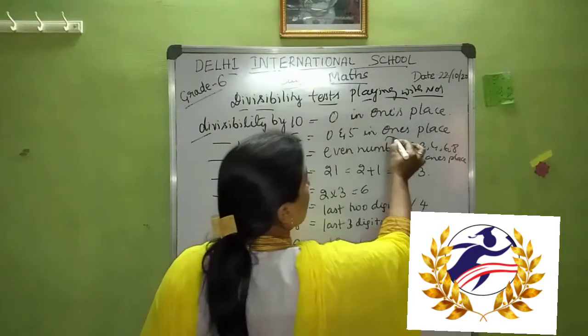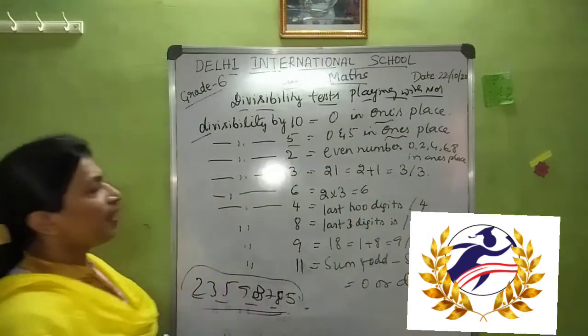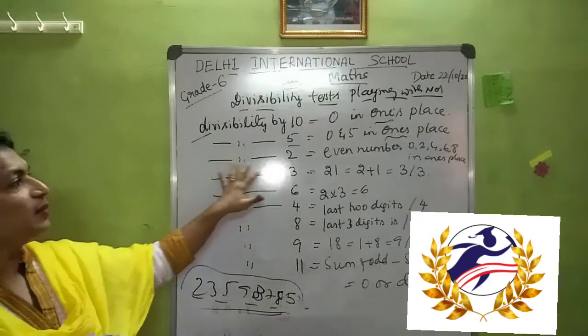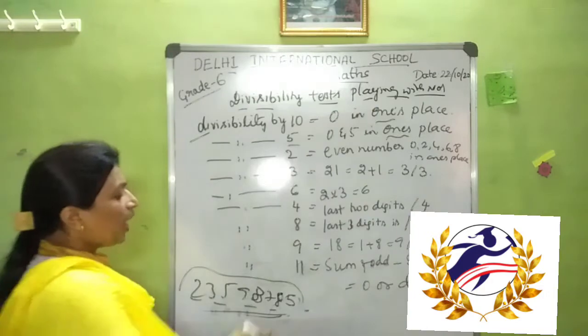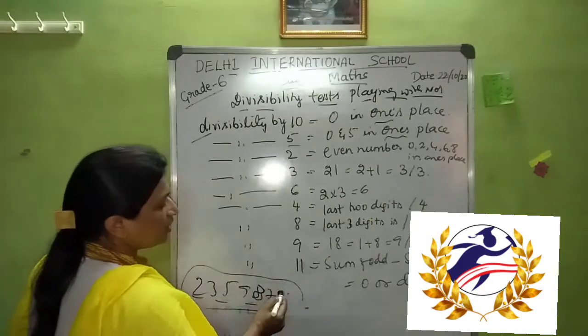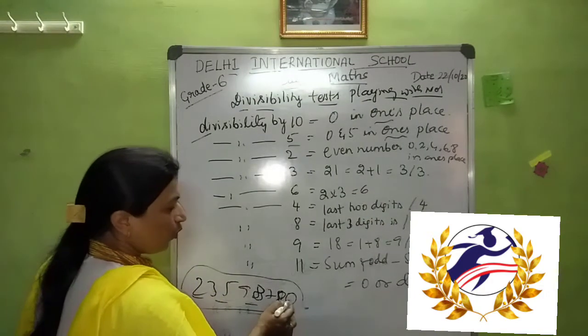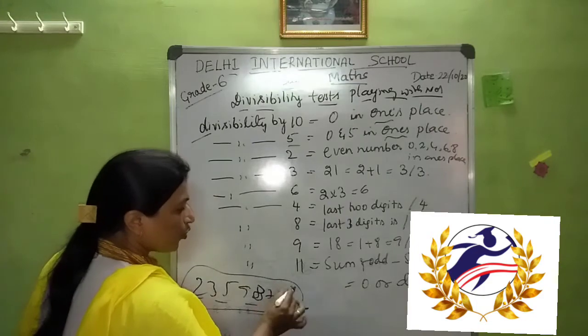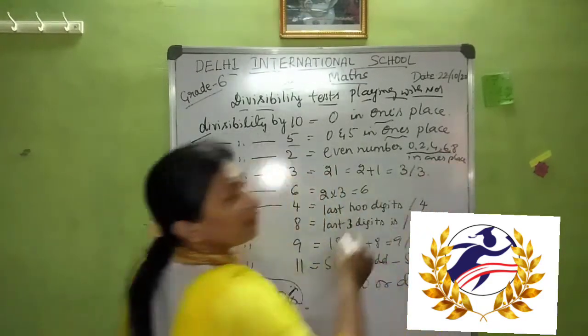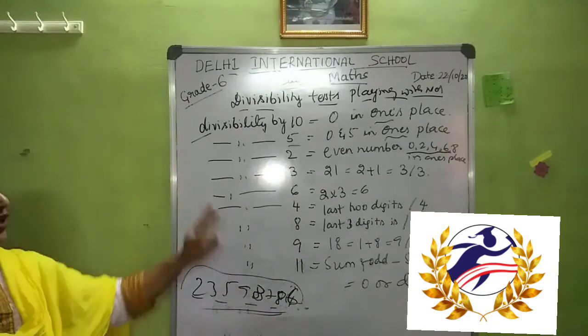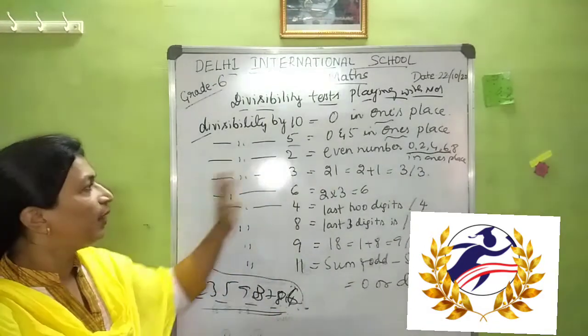So you should check the ones place of every number. And then to check divisibility by 2, we should check the last digit in the ones place: 0, 2, 4, 6 or 8, any even number. Then it is definitely divisible by 2.